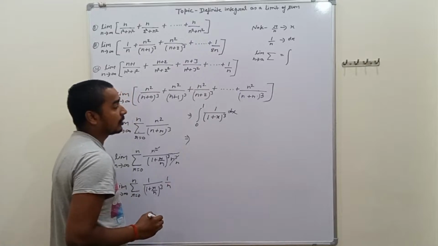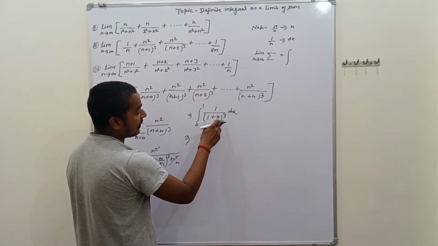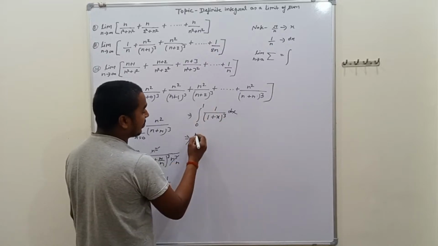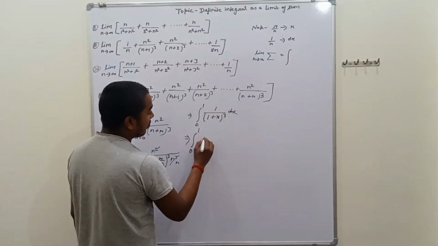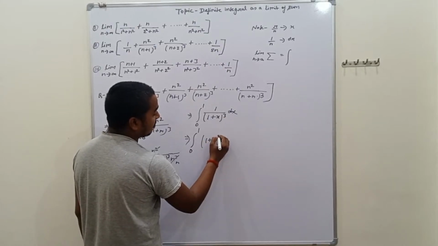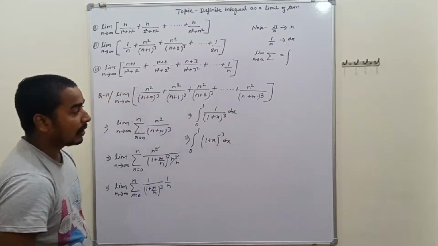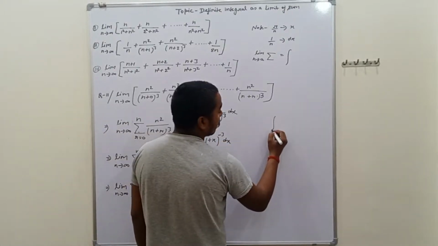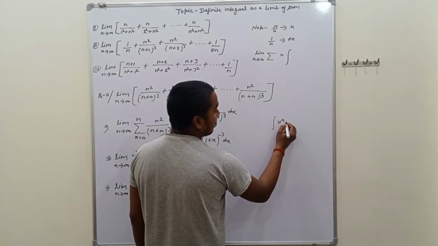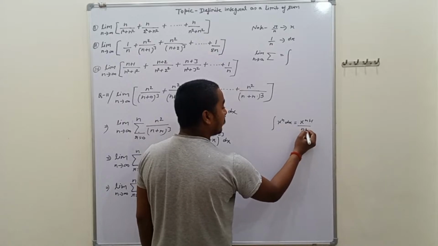Further, we have to solve the integration. We can take 1 plus x cube into the numerator, that is integral 0 to 1 of 1 plus x to the power minus 3 dx. Using the formula of integration, that is integral of x to the n dx is x to the n plus 1 over n plus 1.